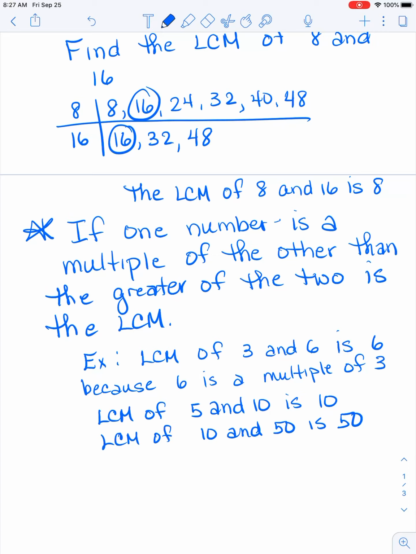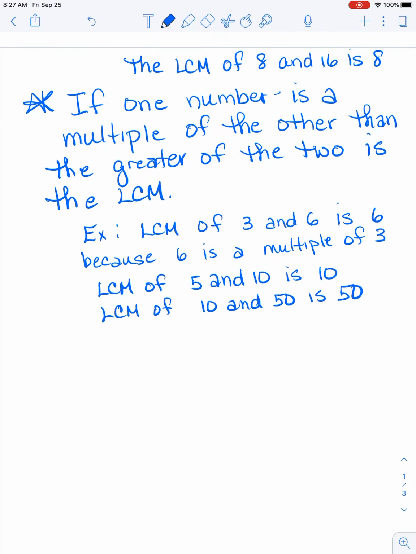Remember, 1 is a factor of every number, but never include 1 in your multiples. The lowest multiple of a number is the number itself. So the lowest multiple of 4 is 4. The lowest multiple of 16 is 16.